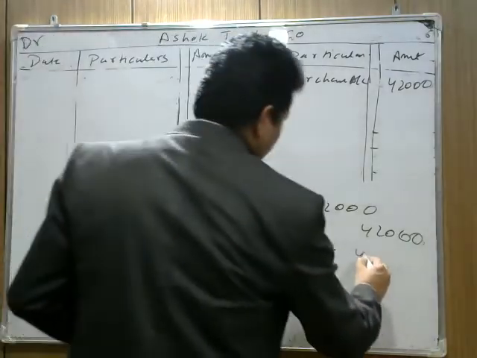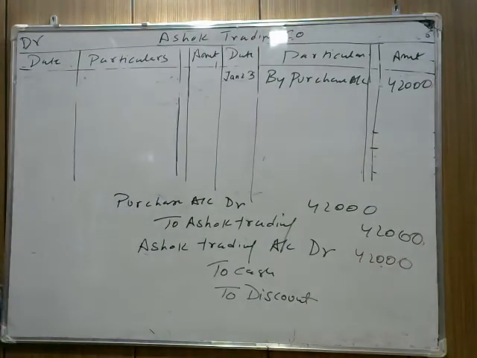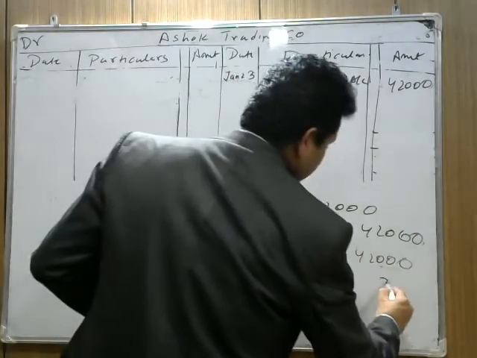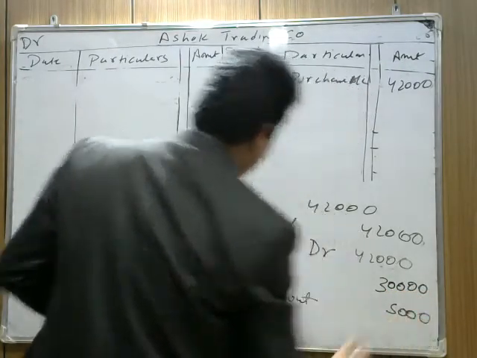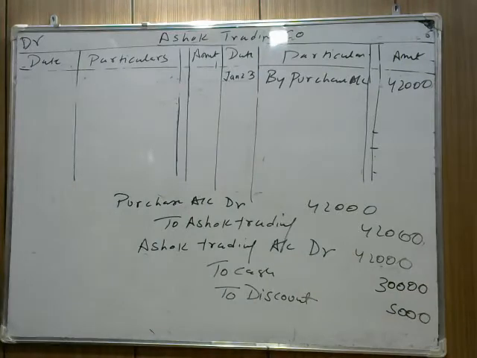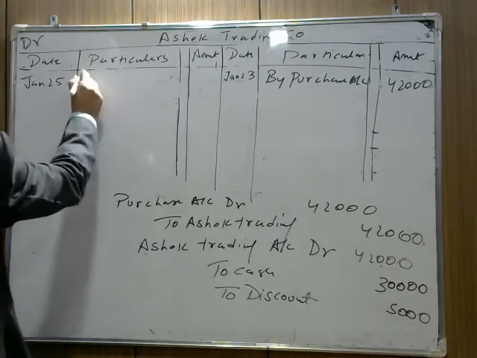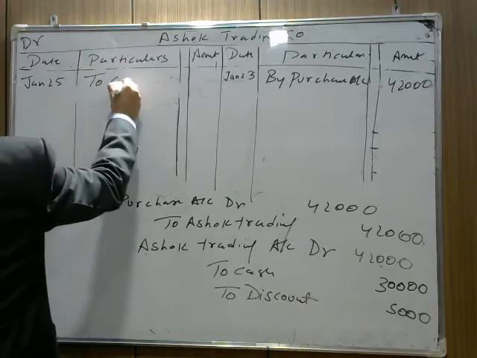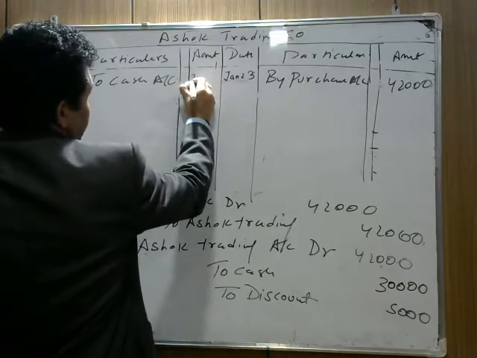We have to pay Ashok Trading Company 42,000 and we are paying cash to him 30,000. Okay, and we receive a discount of rupees 5,000 in it. So here the Ashok Trading Company will be debited. So we write on Jan 25th to cash account and we pay cash rupees 30,000.